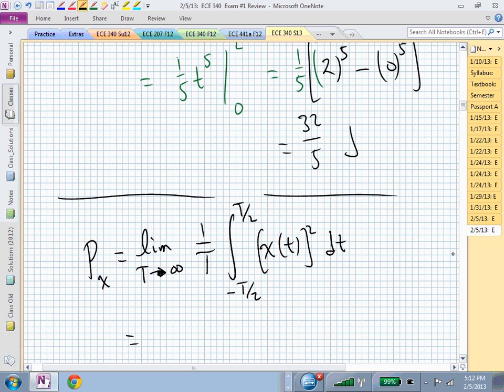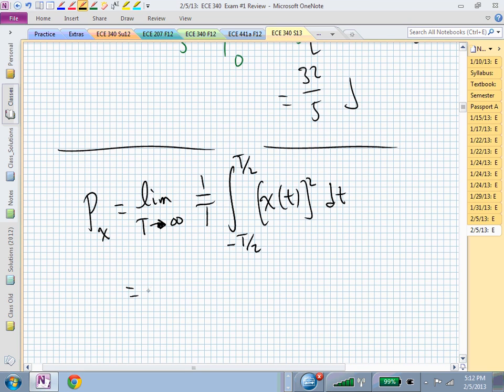We keep this limit, which we need to, for the average power. The limit as t goes to infinity of 1 over t, but we still only are really going between 0 and 2 for the non-zero piece of that signal's content. And we now have this t to the fourth again, dt. But when we divide by infinity, this is going to give us a power of 0. And that's not a power signal then, it's an energy signal.